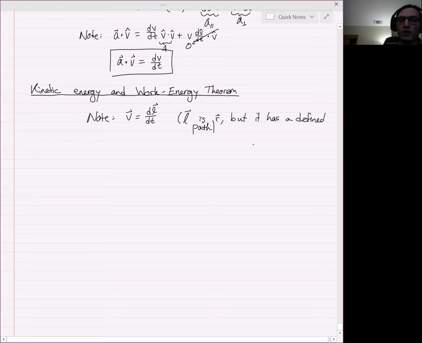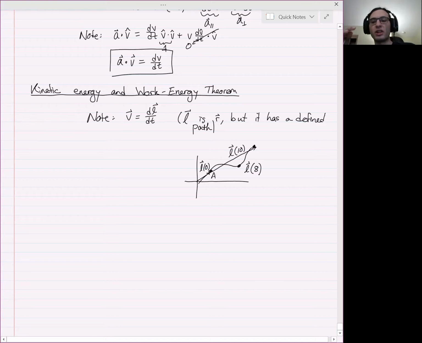If we have some path from, say, point A to point B, then maybe this is L of 0, a vector from the origin to this position, whereas this position might be L of 10 or something, and this position might be L of 8. So you'll see that the vector L isn't just some variable, it's a well-defined path.